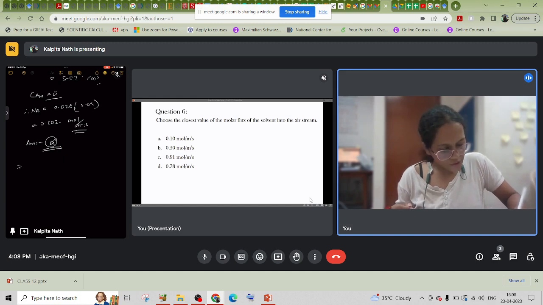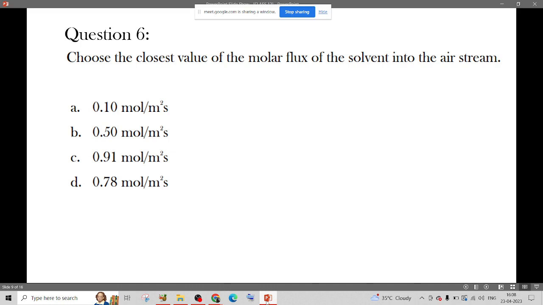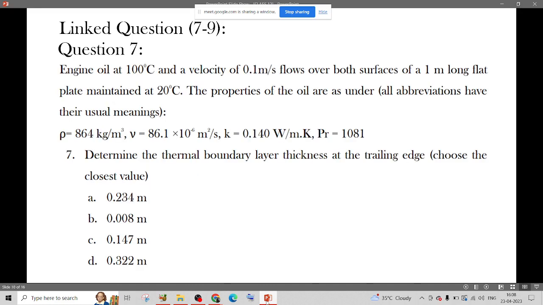Now, question number 7. The engine oil at 100 degrees Celsius and a velocity of 0.1 meter per second flows over both surfaces of a 1 meter long plate, maintained at 20 degrees Celsius. The properties of the oil are given: density, nu, that is the kinematic viscosity, K, the coefficient of thermal conductivity, and the Prandtl number.